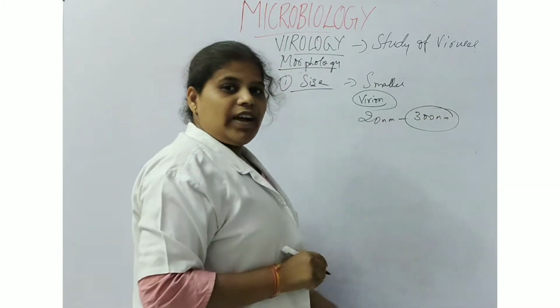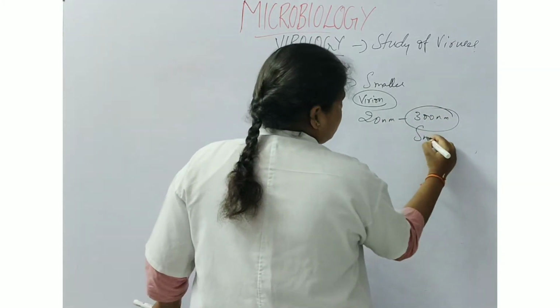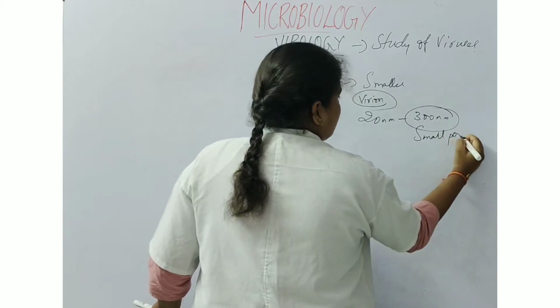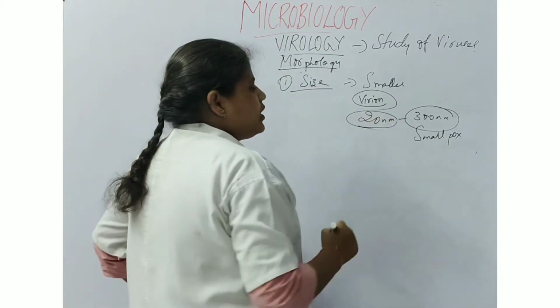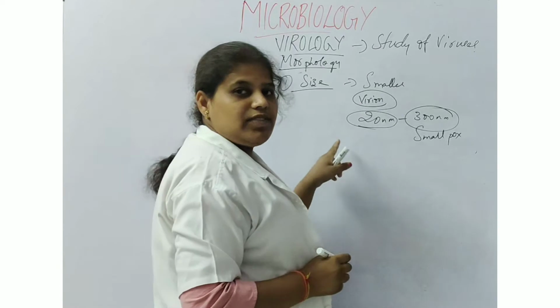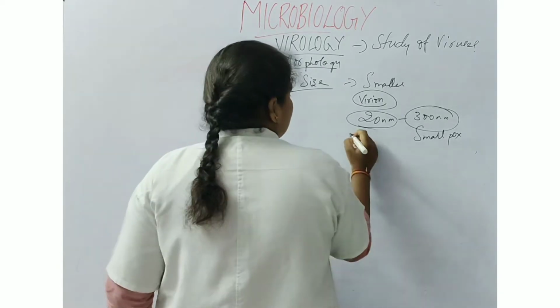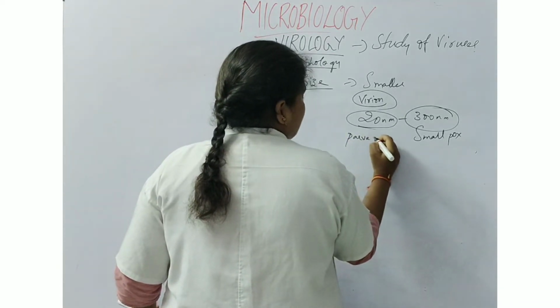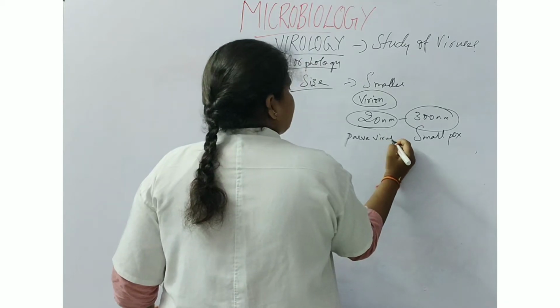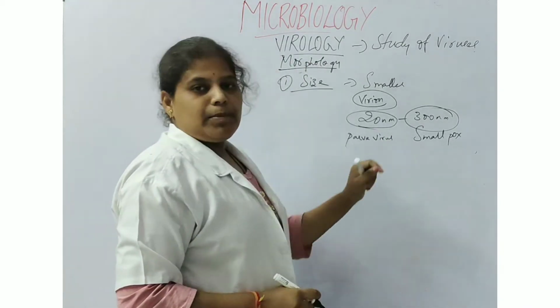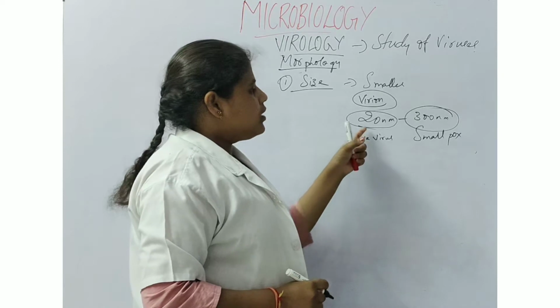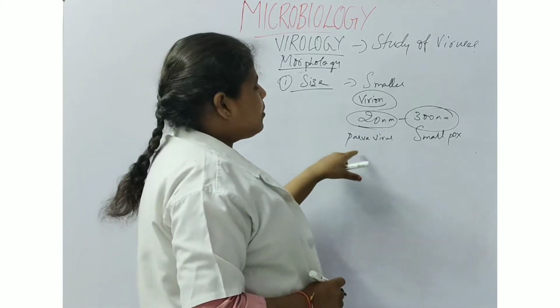The largest virus is smallpox, and the smallest virus is parvovirus. These are the examples based on size: smallpox and parvovirus.